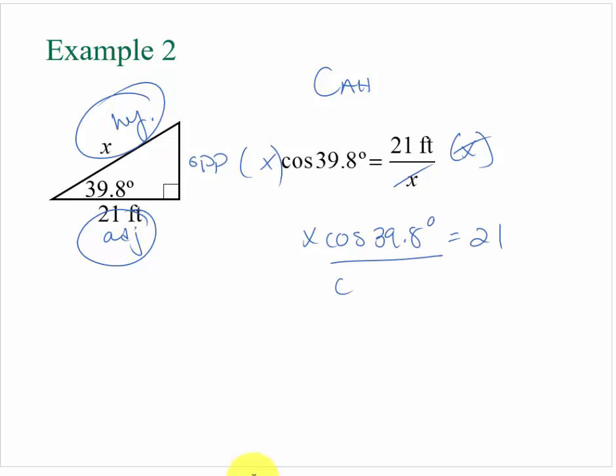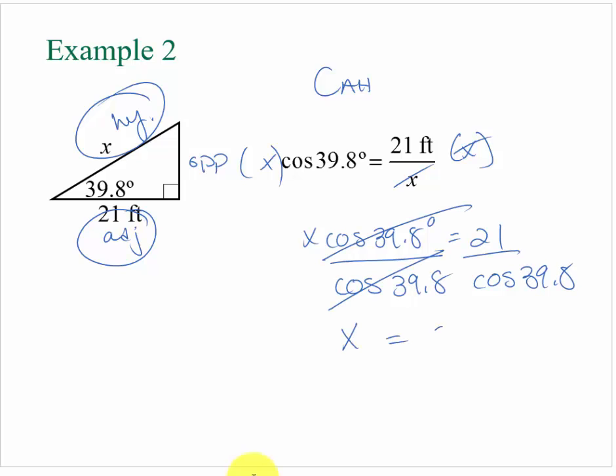And then I'll divide both sides by cosine of 39.8. So I get x is equal to 21 over cosine of 39.8, which is equivalent to 27.3 feet.